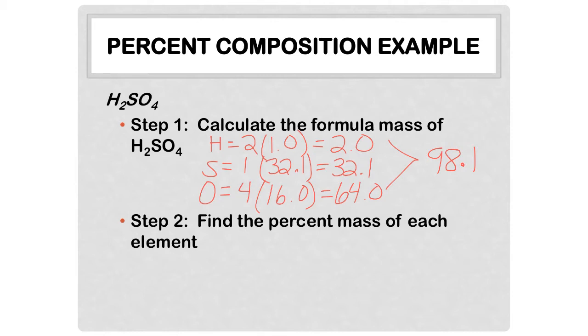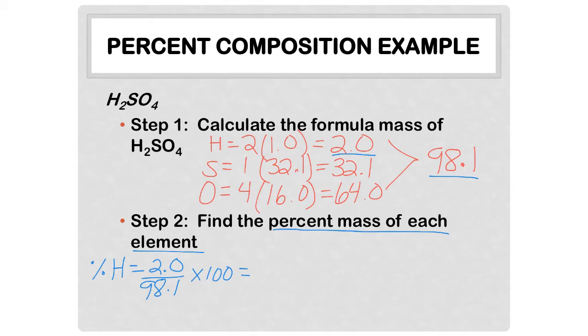Okay, now what I need to do is find the percent mass of each element. Normally it tells us just to find the percent mass of one element, but this problem wants us to find it of each one. So if I'm trying to find the percent of hydrogen, I would take the total mass of hydrogen, which would be 2, over the total mass of the entire compound, and then times 100.